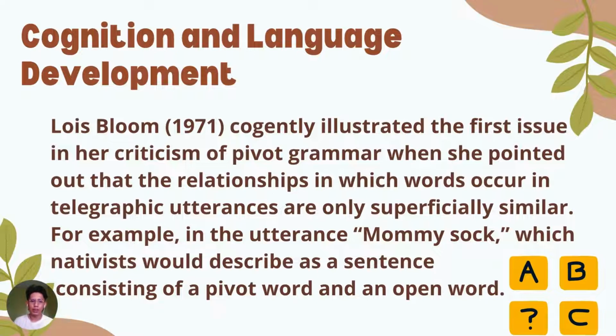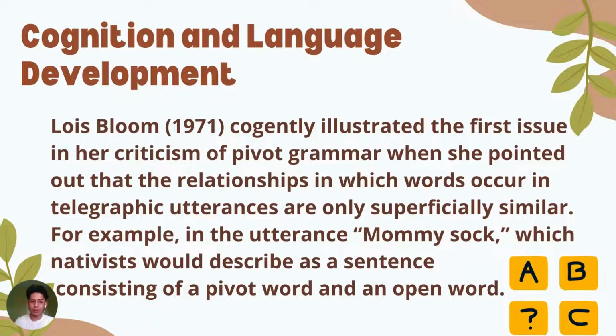For example, the utterance "Mommy sock," which nativists will describe as a sentence consisting of a pivot word and an open word. A pivot grammar is a two-word utterance in which one word is typically a function word. These words are commonly used by toddlers or little ones.